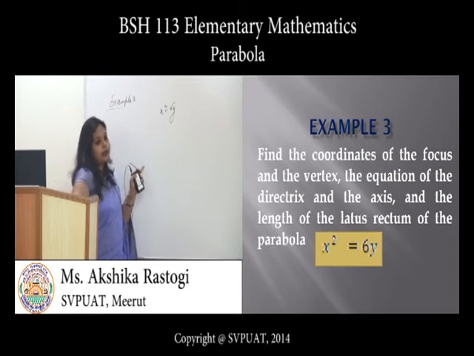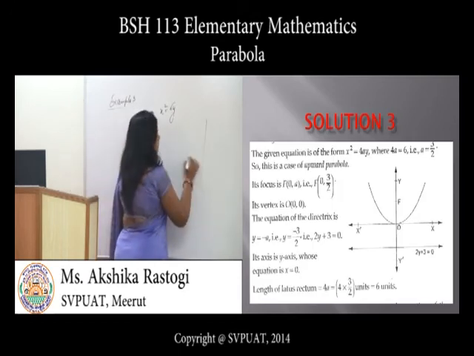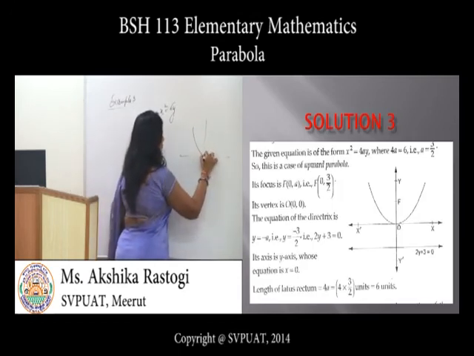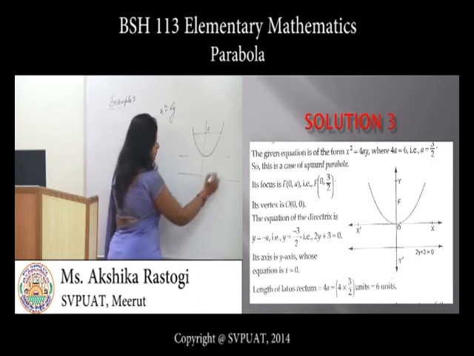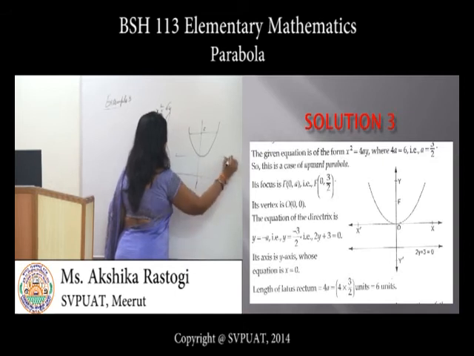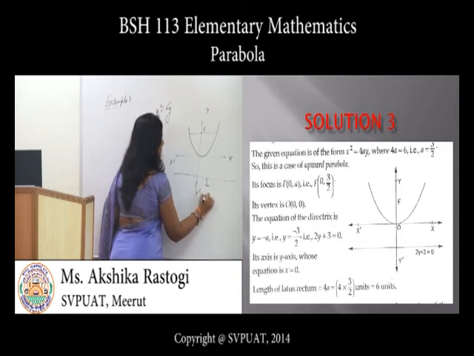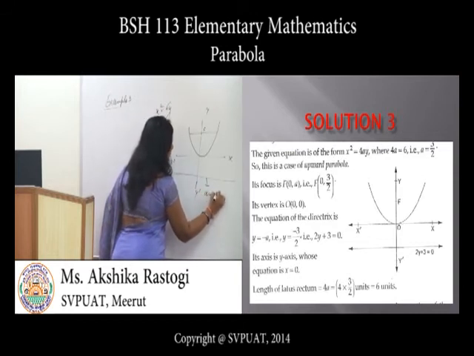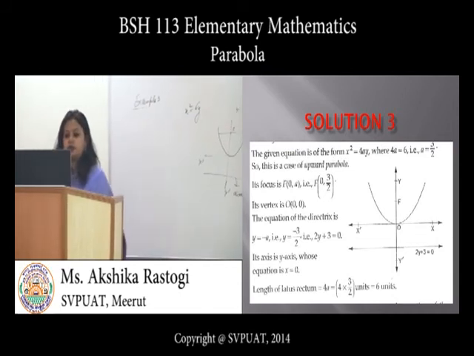So that means this parabola is an upward parabola. This will be the latus rectum, the focus, and the directrix will be on this side. This will be the directrix.